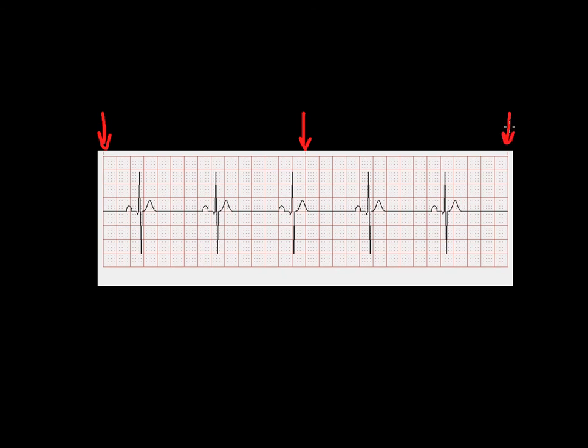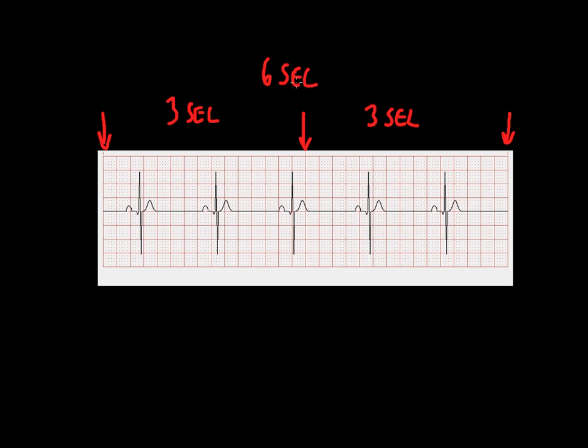So this part is 3 seconds, and this part is 3 seconds. So the whole thing here is 6 seconds. That tells me I have a 6-second strip, which is 1/10 of a minute.